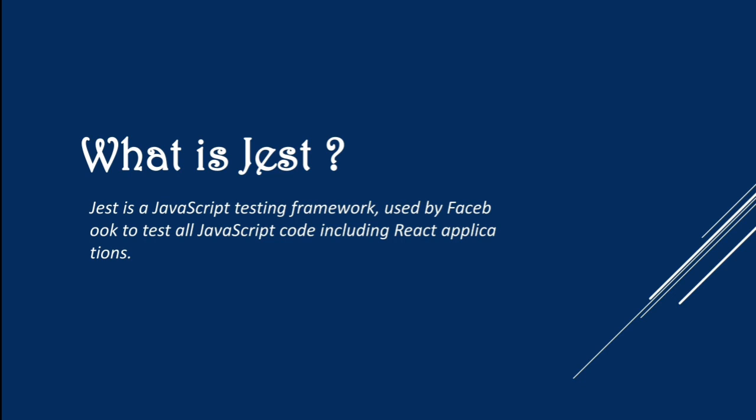So we can shortcut that into two points. The first point is Jest is a library for testing JavaScript. The second point is it's an open source project maintained by Facebook. It's especially well suited for React code testing. Also, it's not limited to that. It can test any JavaScript code.